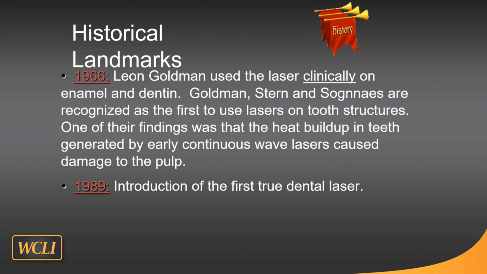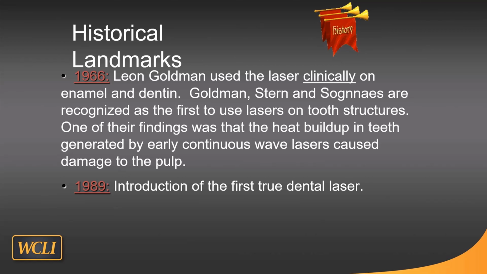And it wasn't until 1989, with the introduction of the erbium family of lasers, that they actually started to use lasers in dentistry. The difference is the CO2 is absorbed into water, hydroxyapatite, and pigment. Well, when we get to 1989 and the erbium lasers are introduced, the erbium YAG and the erbium chromium YSGG, all these things will start making sense as we move along.